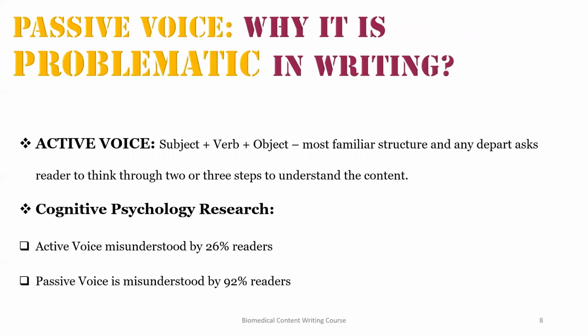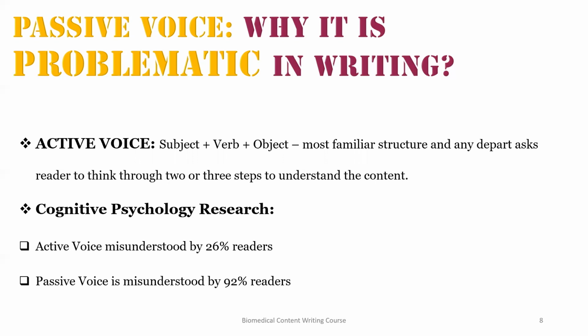Now, why is it problematic in writing? As I told, active voice is subject plus verb plus object. This is the most familiar structure. Everybody knows, our mind perceives it easily. It is easier to read. And any departure from this particular order makes the reader think through two or three steps to understand the content.